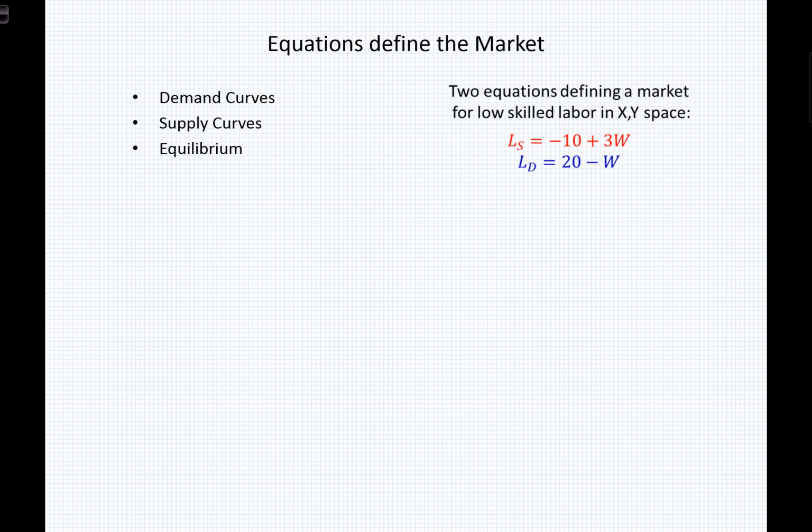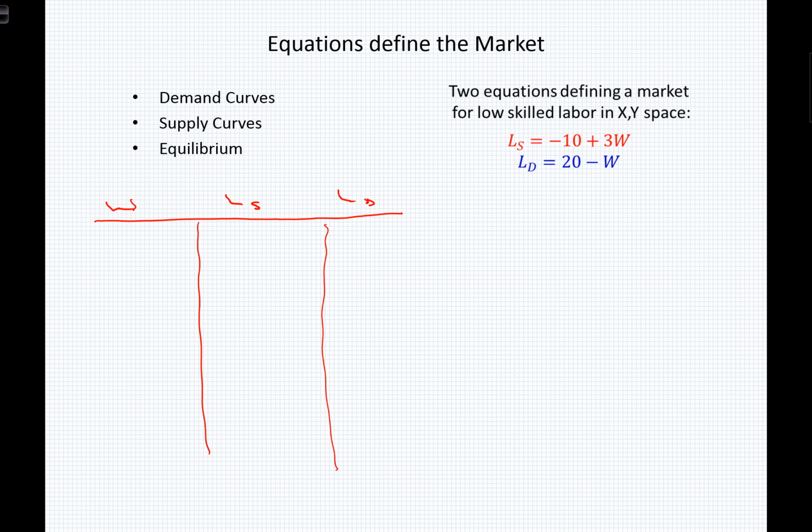So to do this, let's go ahead and create a table that is going to inform us of what's taking place in the market here. So we're going to start by putting this table together with some W, wage, some labor supply, and some labor demand.